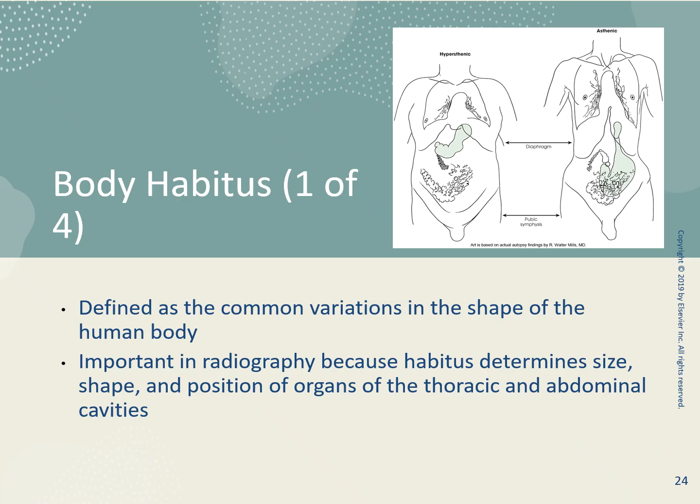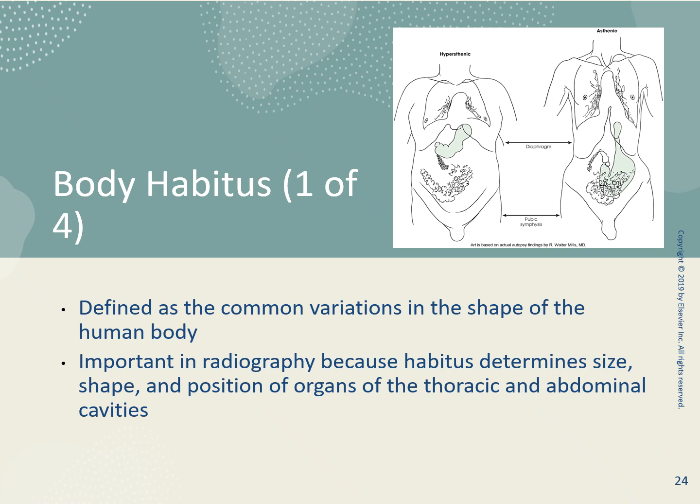Okay, so you'll find that with the asthenic habitus, which is the diagram on the right, the stomach sinks into the pelvis, whereas with the sthenic habitus, the stomach is more horizontal and is higher up under the rib cage.